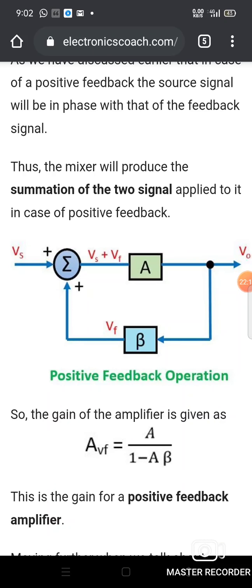With that block diagram, the gain of the amplifier with feedback AVF is equal to A by 1 minus A beta. For positive feedback connections, the denominator is 1 minus A beta. This is the gain for a positive feedback amplifier.